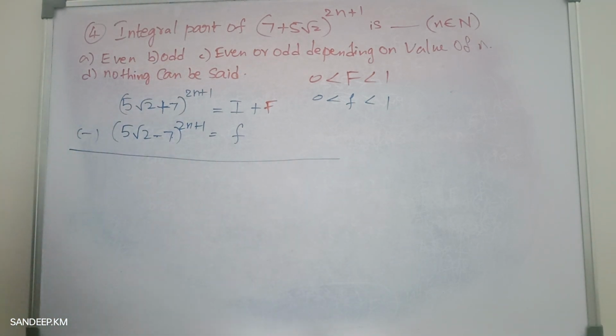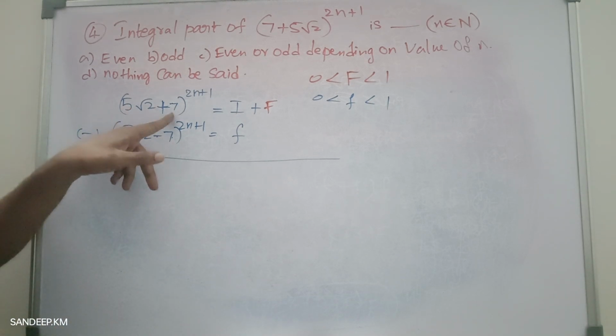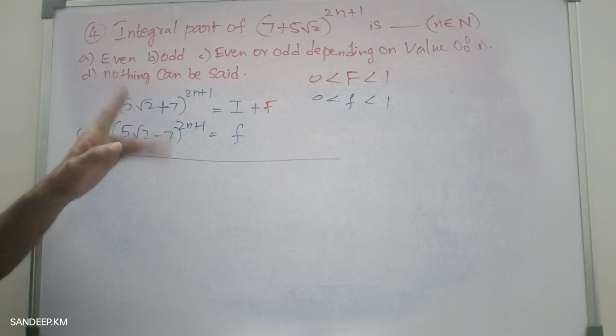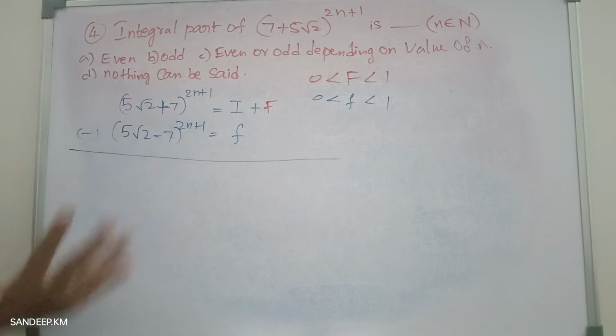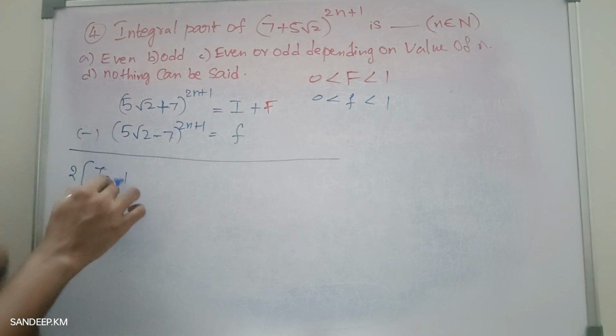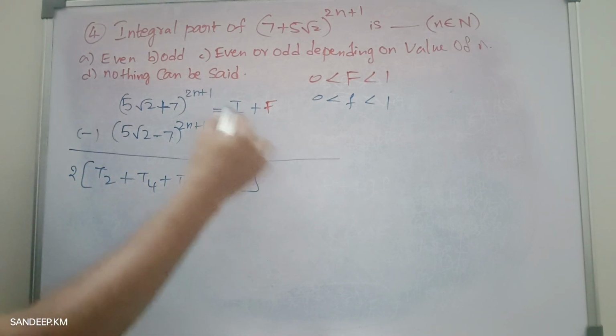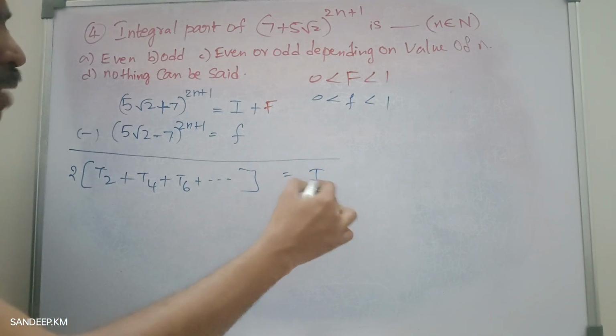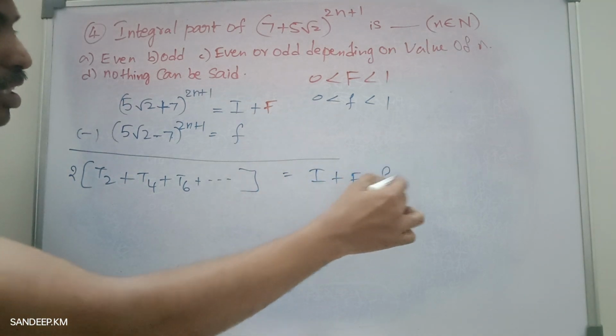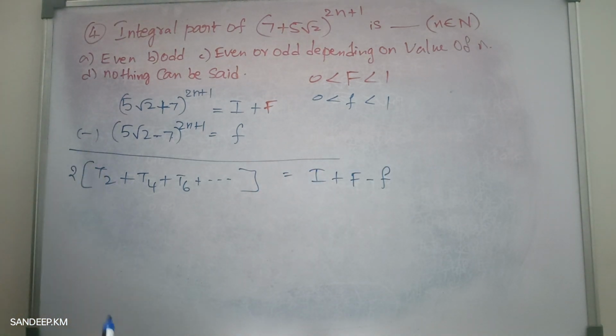If the irrational terms don't get cancelled, then I will add. So we know that (x + a)^n − (x − a)^n is 2 times the sum of the terms in even places, t2 + t4 + t6 and so on, and the RHS is equal to capital I plus capital F minus small f, because we have subtracted on both sides.